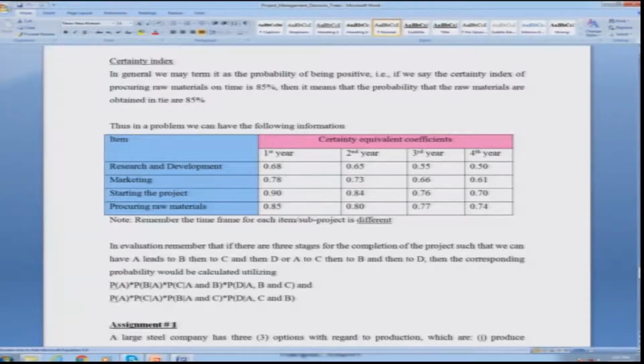In evaluation, remember there are 3 stages of completion of the project, such that we can have a case like this: A leads to B, which leads to C, and then D, or A to C and then to B. So, there are two consequences of how things are being done, like you procure the material, you do the initial processing of the raw materials, then the raw materials is basically worked on in the final stages and then sold.